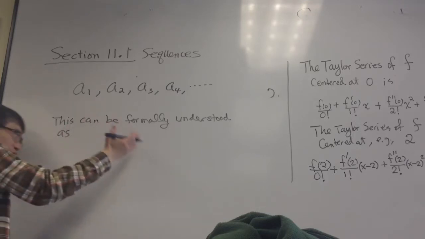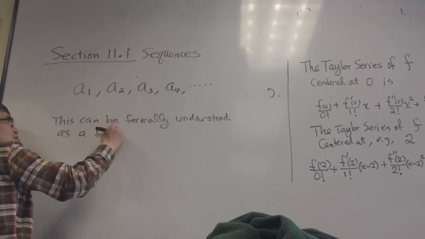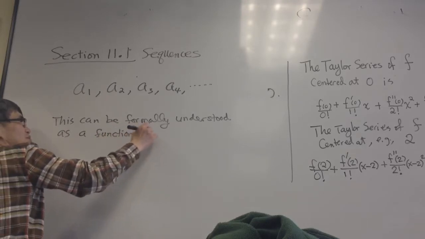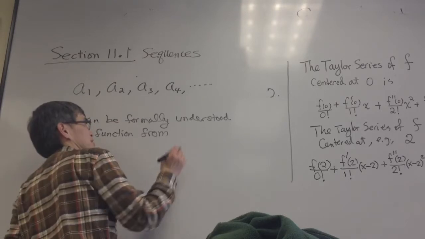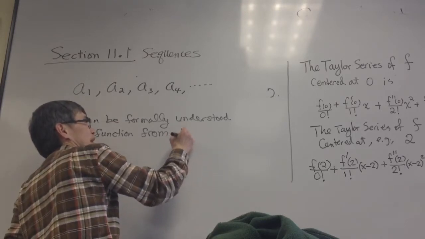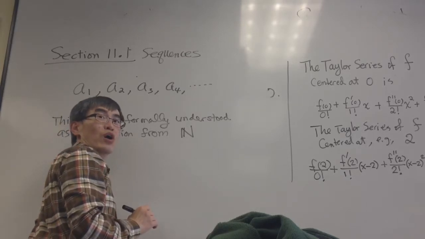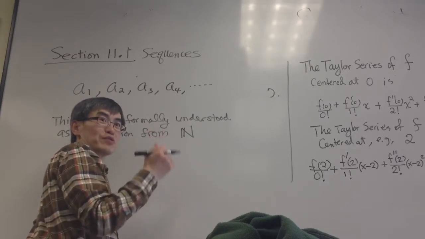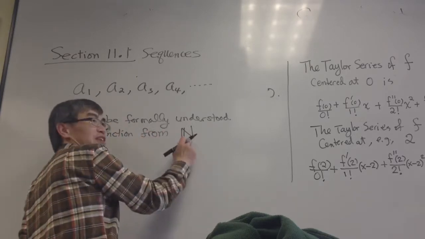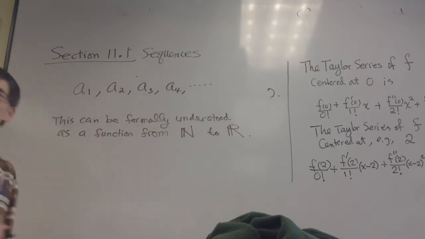But it's formally understood as a function from, and this really is too high a level of formality, from, you know what N means? The set of all natural numbers, 1, 2, 3, 4, right? So from this set to R. Does that make sense to you?